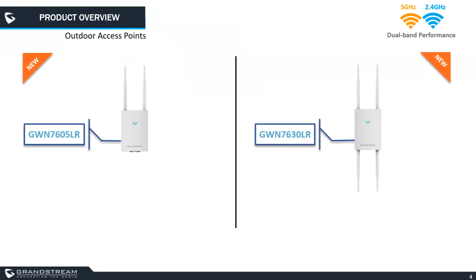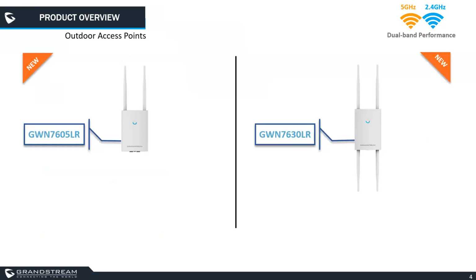For the outdoor access points, we have the GWN 7605 LR and GWN 7630 LR, which are powerful long-range Wi-Fi access points with weatherproof casing and heat-resistant technology. They have extended Wi-Fi coverage of up to 250 meters and 300 meters.